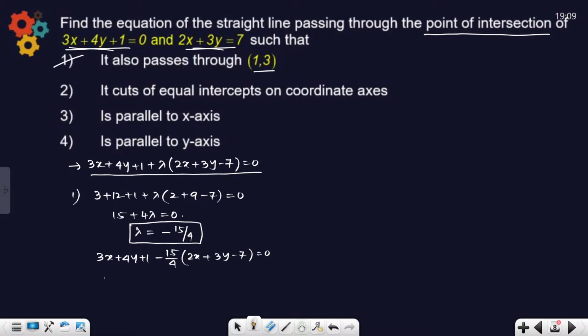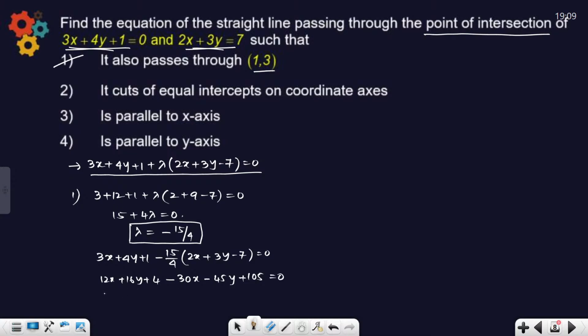So the required equation is ... which is equals to 0.